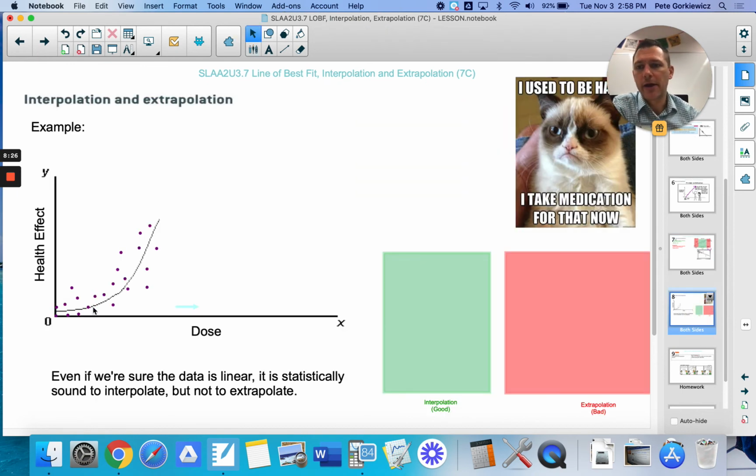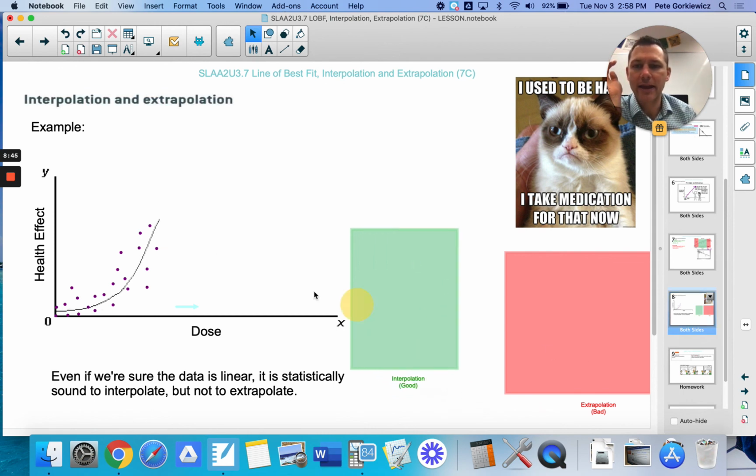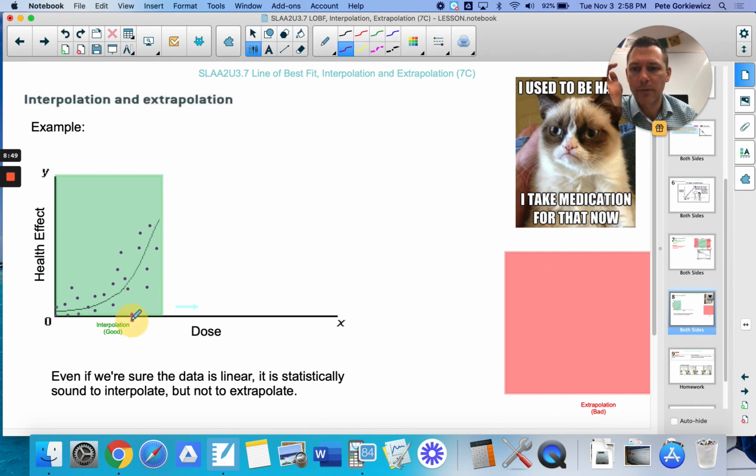For example, here's the health effect on the dose of medication. Maybe this is like how your temperature changes if you have a fever, or maybe like how happy you are versus how much vitamin C you're taking. And I see this increasing trend. If I pick something in the middle and I see how much the dose affects the health change, that's fine.